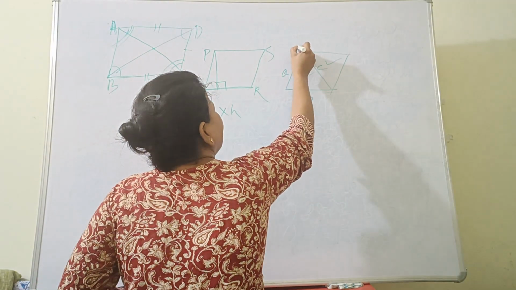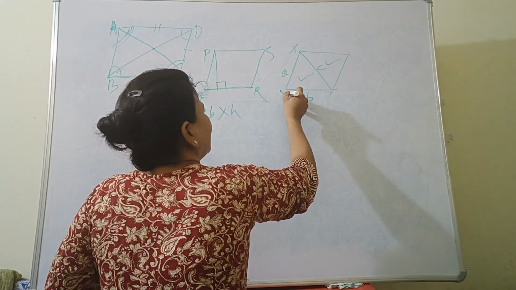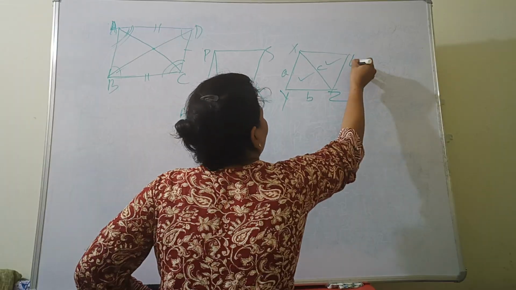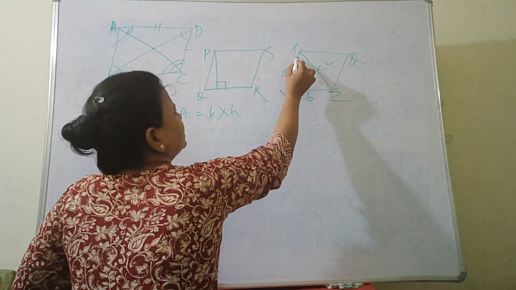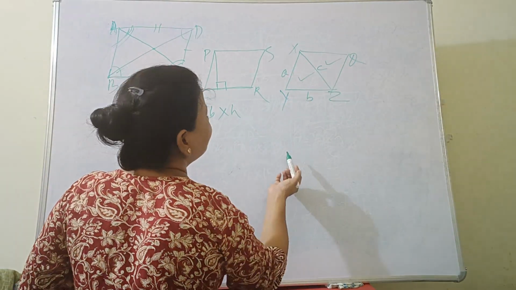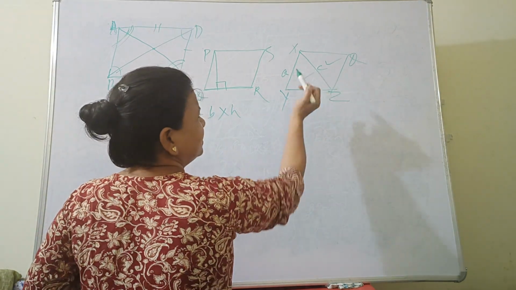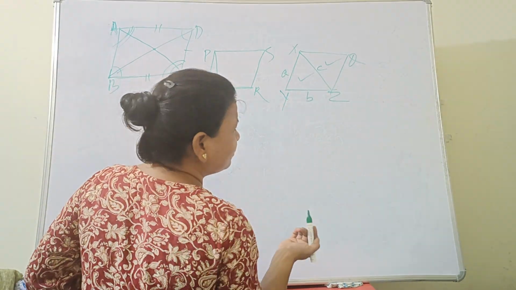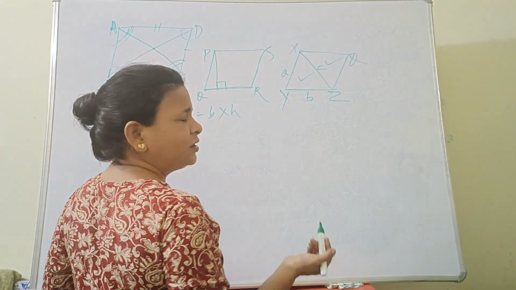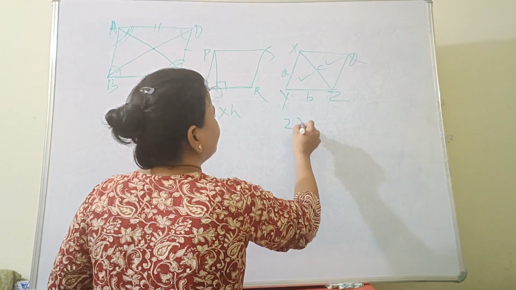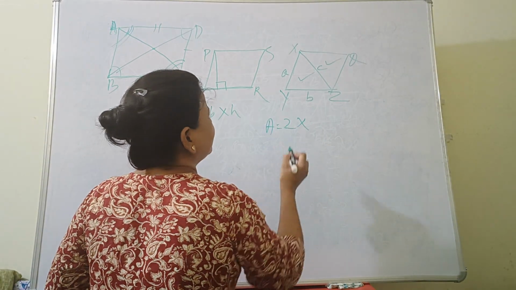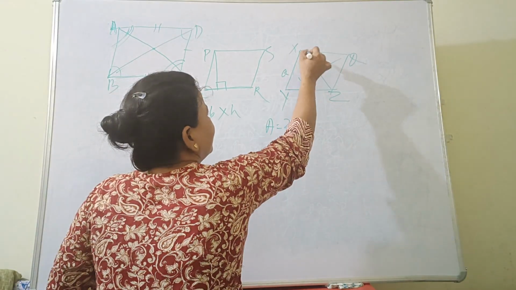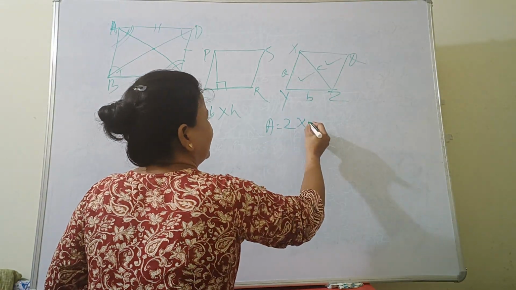So let's name this triangle XYZ, the triangle we consider because of the adjacent sides and the diagonal. By taking them, how will we get the area of the parallelogram? Area of the parallelogram equals 2 into area of triangle XYZ.